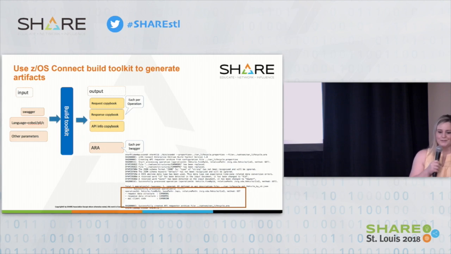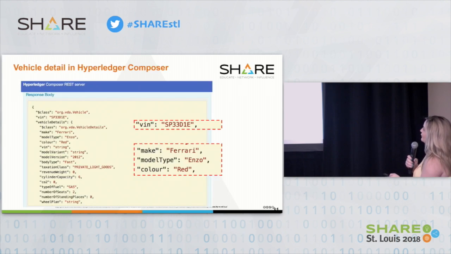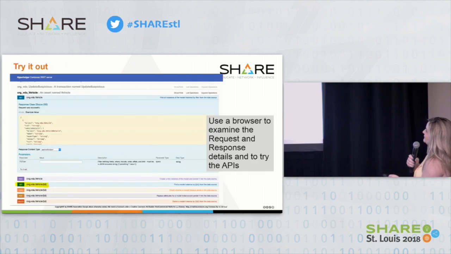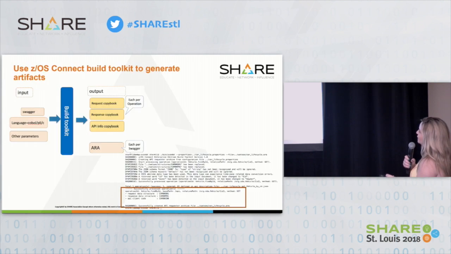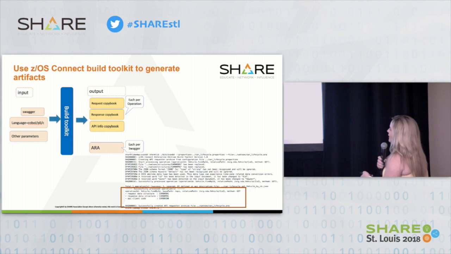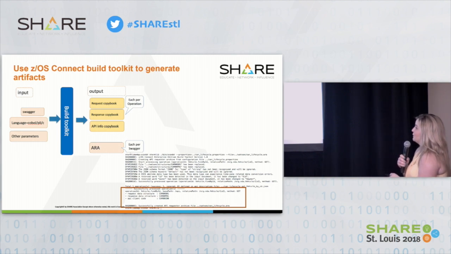All right, so now I've got to use the z/OS Connect build toolkit to generate my artifacts. So I'm going to go from this kind of pretty page, and we don't have a picture of the Swagger document, but you're going to have to go into Swagger, so that we can make it into something that could then be put into a copybook, request and response and API info copybook, so we can actually add that to our COBOL programs on the back end, so that they can then communicate through z/OS Connect.